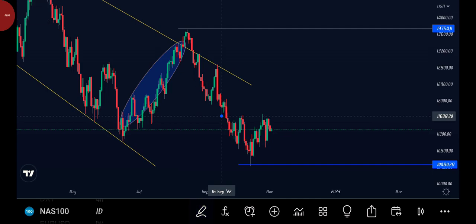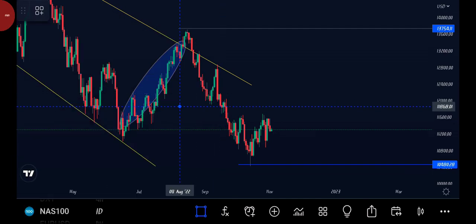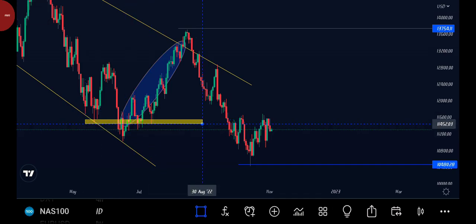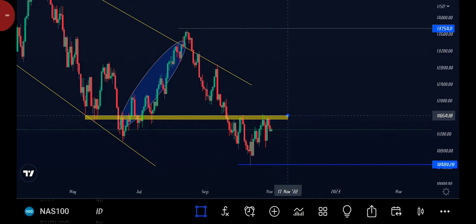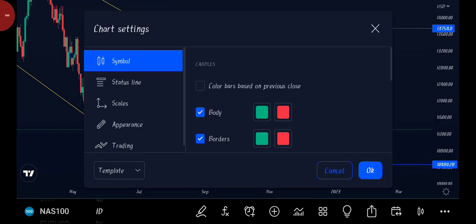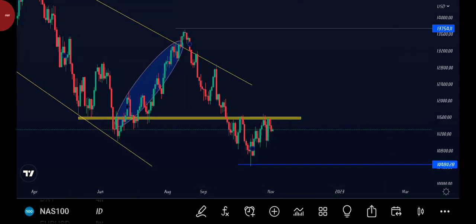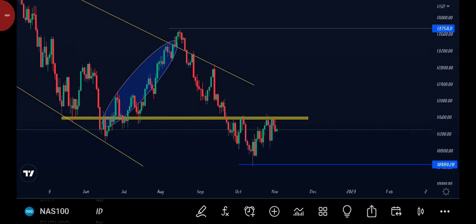So we have this correction over here, and I will use this one to show you the points, right? So this is it. Yes, very nice. So we are currently in a strong resistance level.